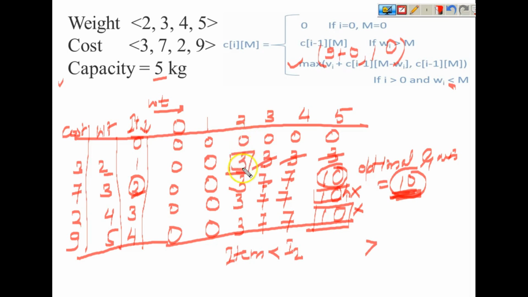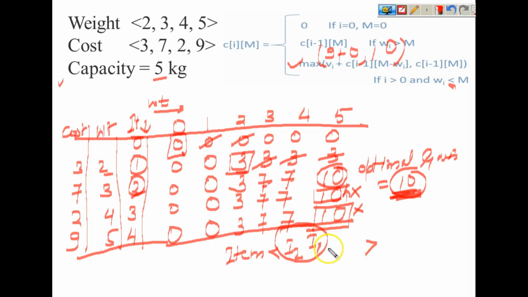If they are same, that means this item is not contributing, but here this value is different from the previous cell value, that means this item is contributing. So we write this item in our optimal set, and the weight is 2. We go to the above row, subtract 2, and we are here, which is no item. That means our optimal solution is item 2 and item 1. That gives you the maximum gain.